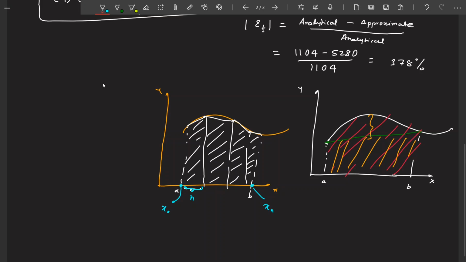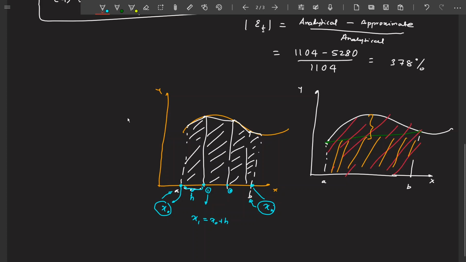So x0 is equal to a, and xn is equal to b. If this is x0, what will be x1? x1 is going to be x0 plus h.